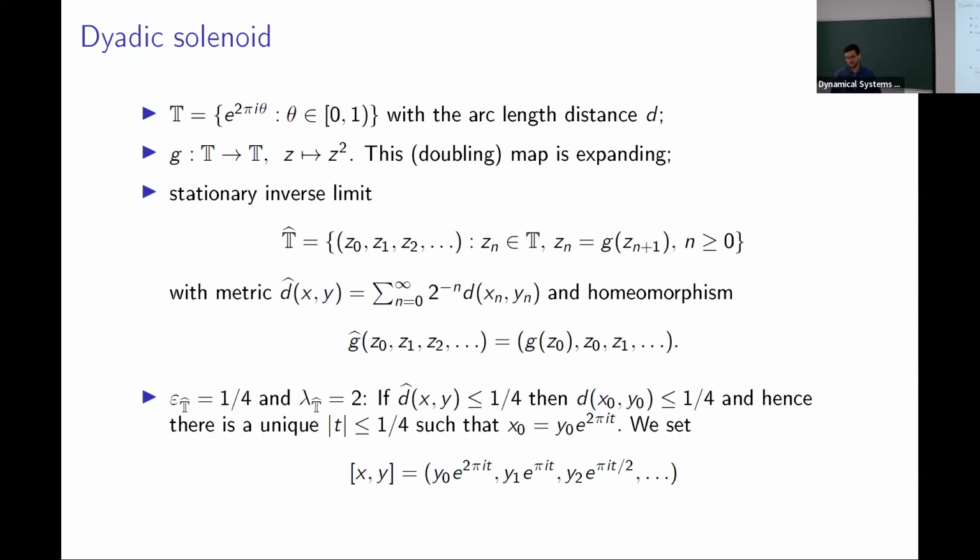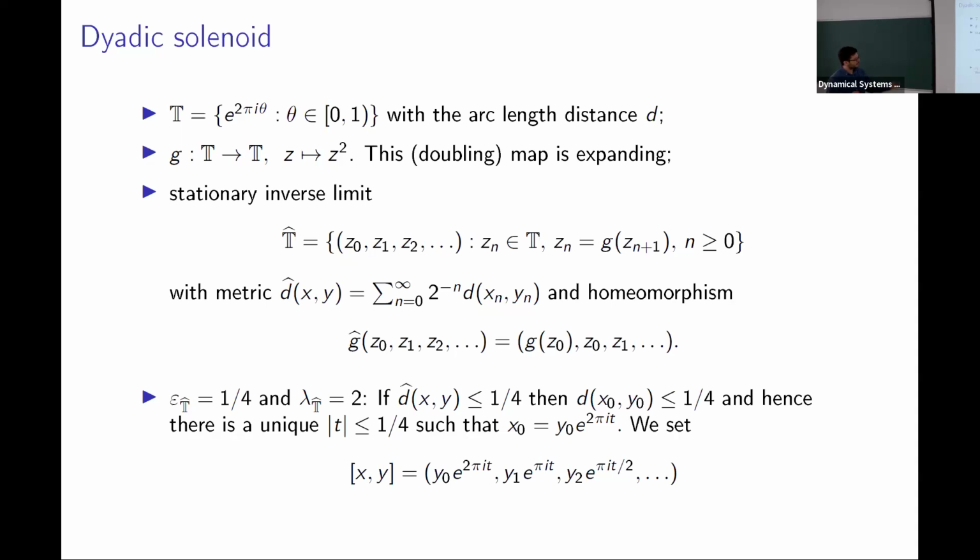How do you construct a Smale space from such a map? Now, this map is not injective, and we want to create invertible dynamics. And the way to do this is by taking inverse limits.